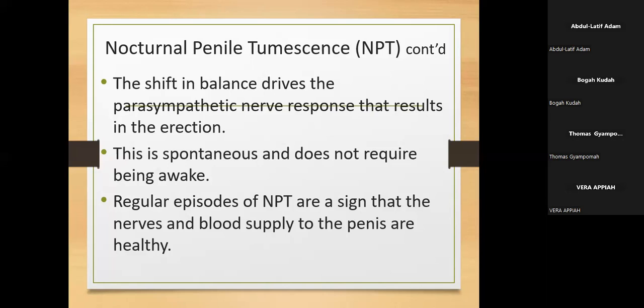All right. So regular episodes of NPT, nocturnal penile tumescence, are a sign that the nerves and blood supply of the penis are healthy. I think this one is also important.